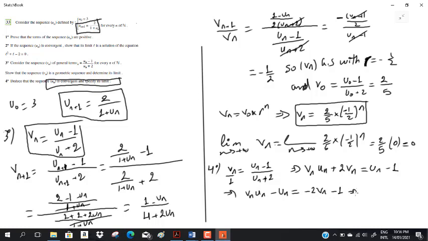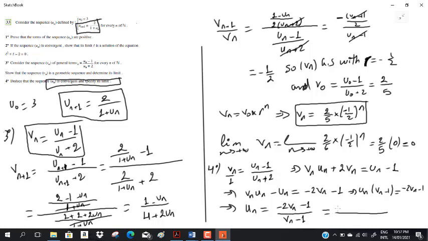I can take Un as a common factor. So Un times Vn minus 1 equal minus Vn minus 1. So I can say that Un equal minus Vn minus 1 over Vn minus 1. I just found Un in terms of Vn. Why?